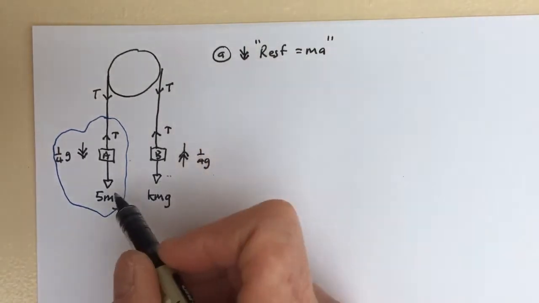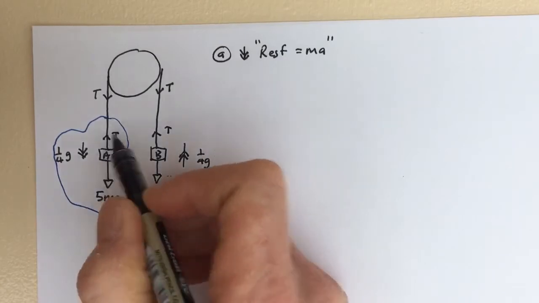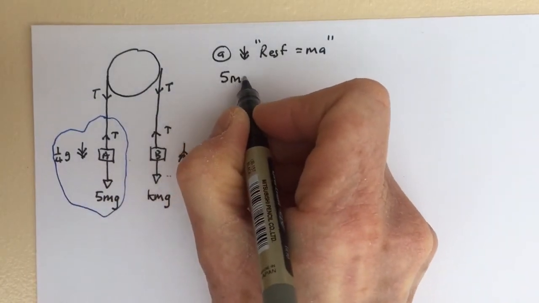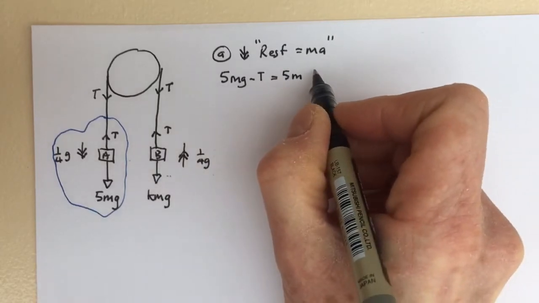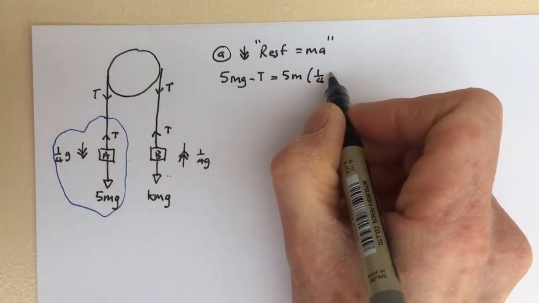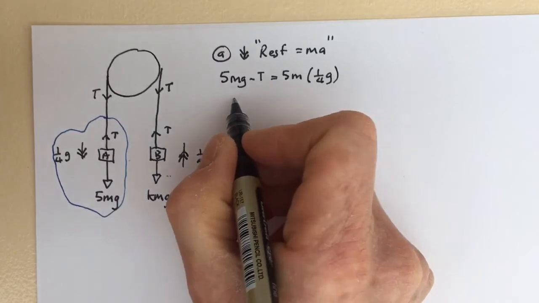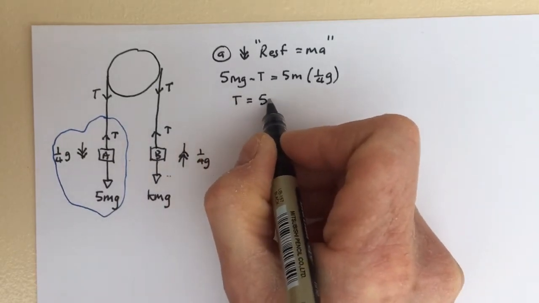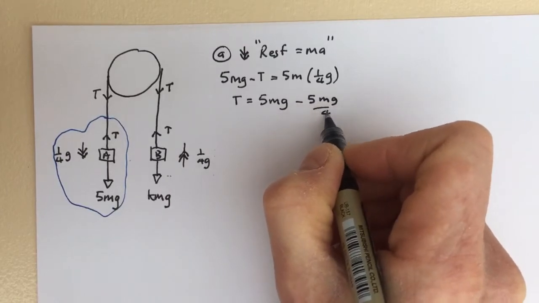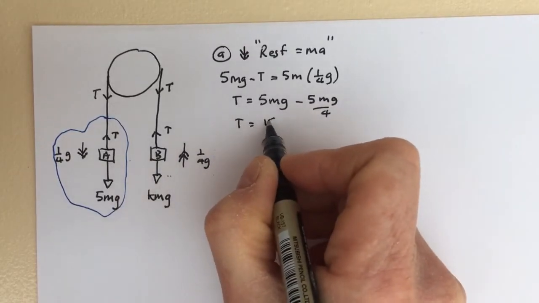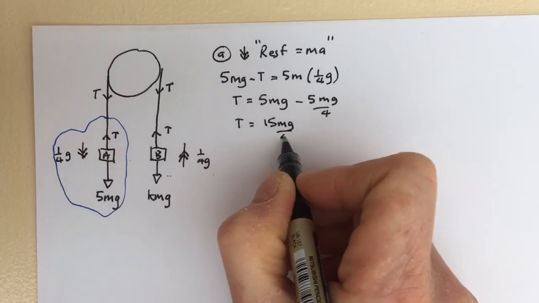My resultant force is going to be 5mg minus T, and that's going to equal 5m multiplied by my acceleration, which is a quarter g. Now rearranging for T, I'll have 5mg minus 5mg over 4, so T is equal to 15mg over 4 as required.